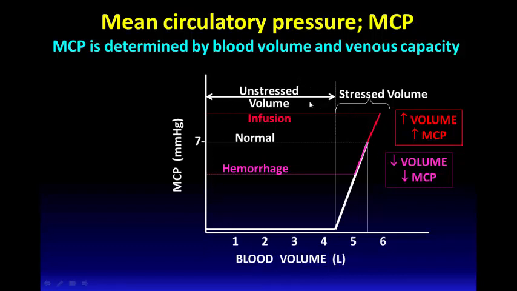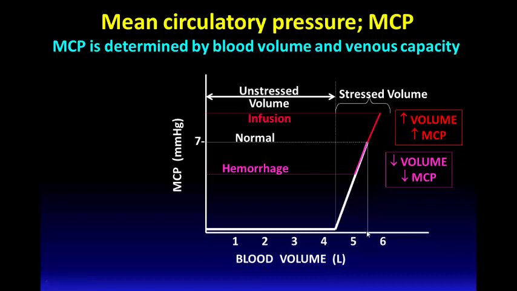by discussing and explaining these diagrams. On the x-axis, we have the blood volume in liters, and on the y-axis, we have the mean circulatory pressure in millimeters of mercury. The total blood volume in a normal adult is approximately 5.5 liters.